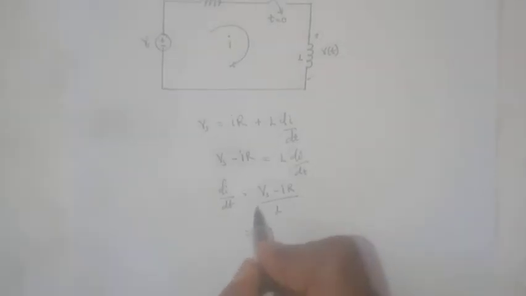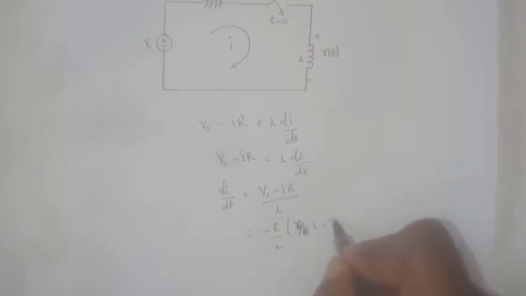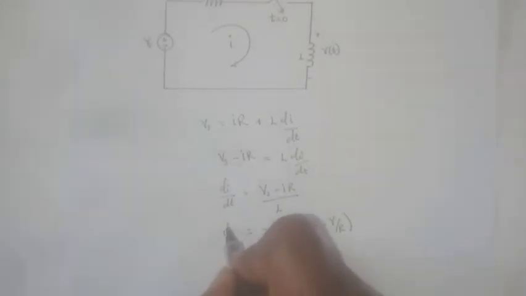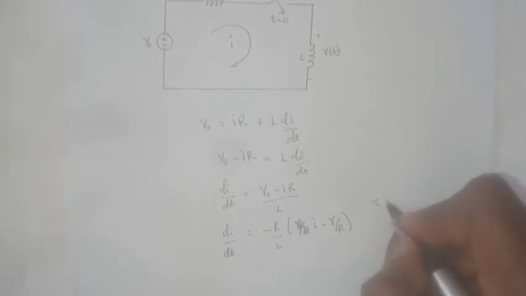We're going to factorize minus R out so that we have minus R over L times (I minus Vs over R), which is equal to di dt.